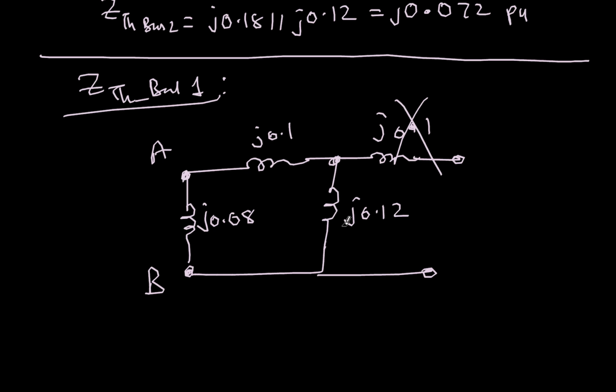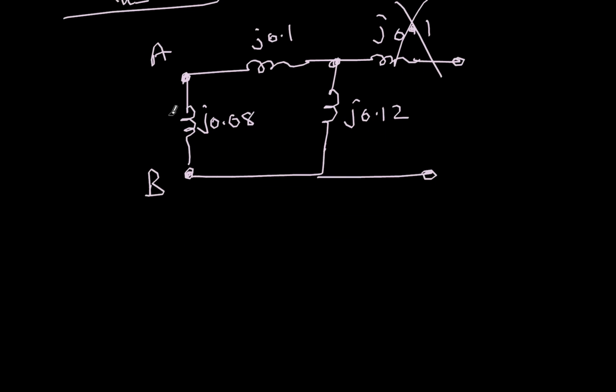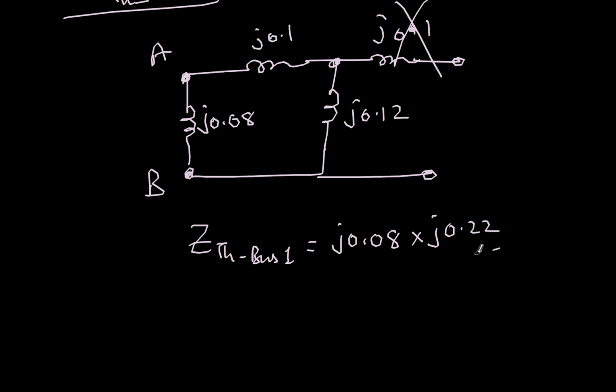Then this branch total will be 0.1 plus 0.12, which is j0.22, in parallel with j0.08. So Z Thevenin for bus 1 will be j0.08 times j0.22 divided by j0.08 plus j0.22, that is j0.3.